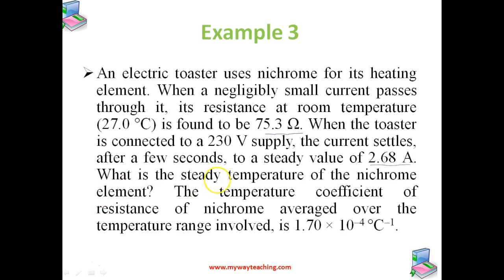What is the steady temperature of the nichrome element? The temperature coefficient of resistance of nichrome averaged over the temperature range involved is 1.7 into 10 raised to minus 4 per degree Celsius. So this is the question, and we should find the solution.